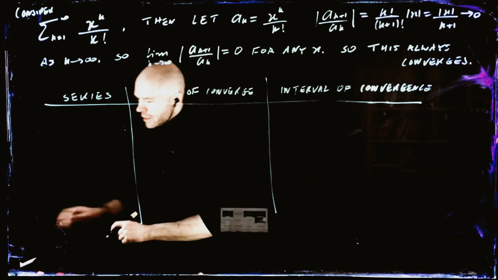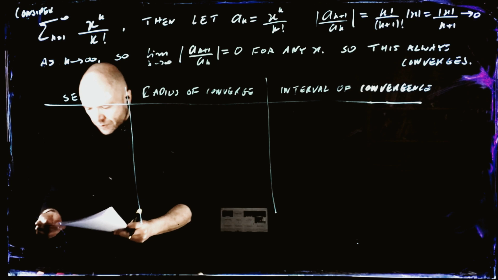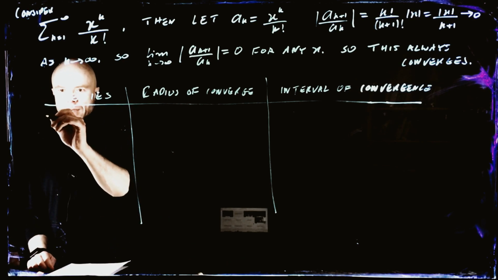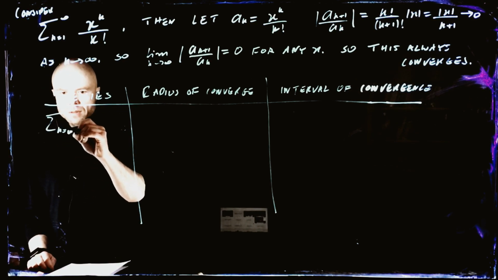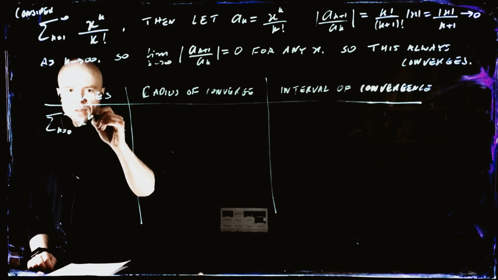Okay, let's think about the guys we studied already. What about this guy? The sum from k equals 0 to infinity of x to the k.